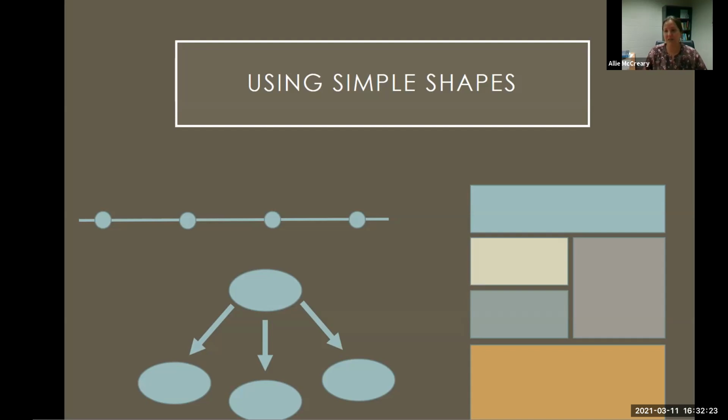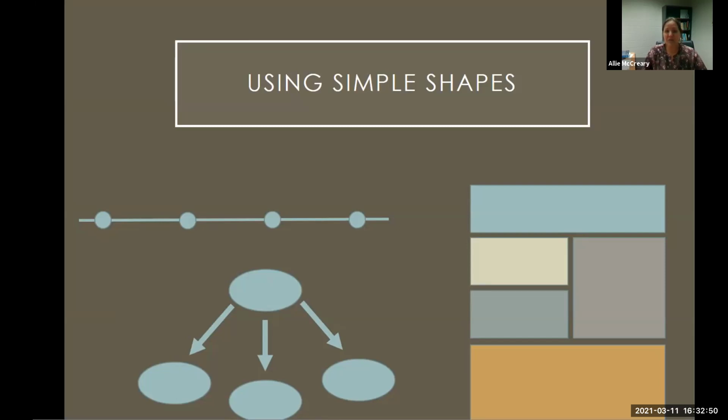A lot of this can just be generated right in PowerPoint, which is probably where you're making your slideshow or poster anyways. This is an example of just quickly putting in some lines and circles, and you get a timeline, or some arrows and ovals, and you get your social network, some node-linked graphic representations. Or you want to do one of those tree maps, just a series of rectangles.